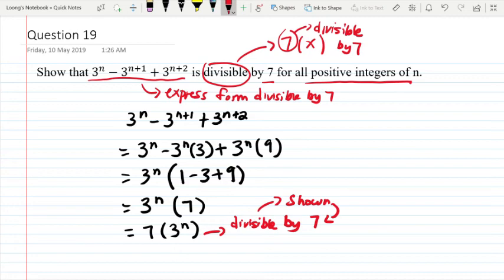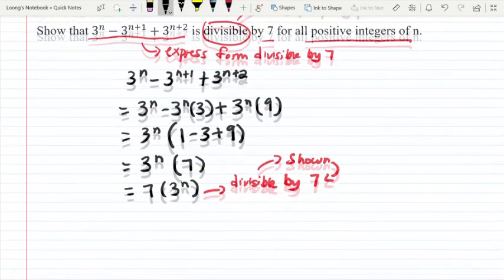And after that, we actually need to write a conclusion.